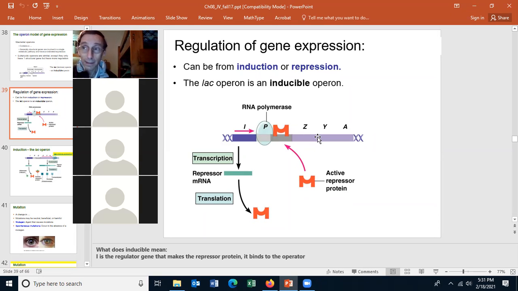You only find it in dairy products. So E. coli normally turns off the lac operon, because it's normally not going to see the sugar lactose. It's not a common sugar.